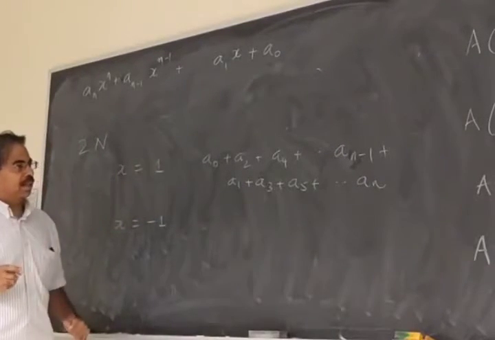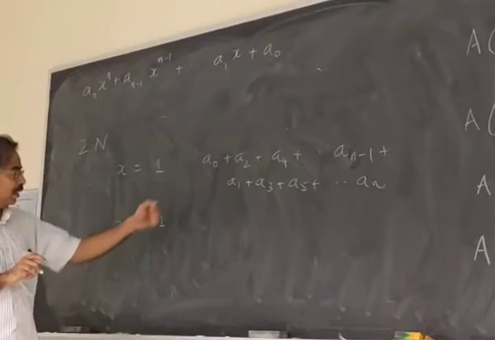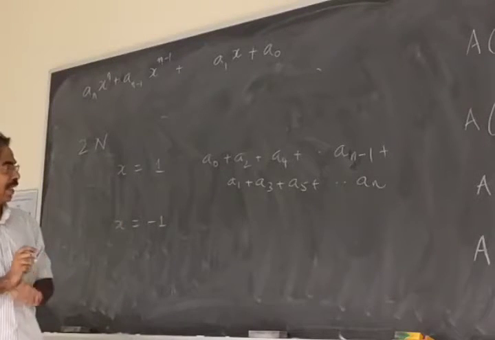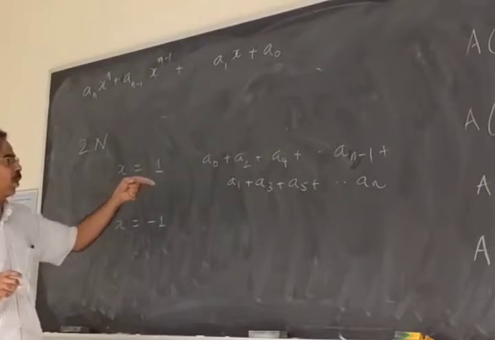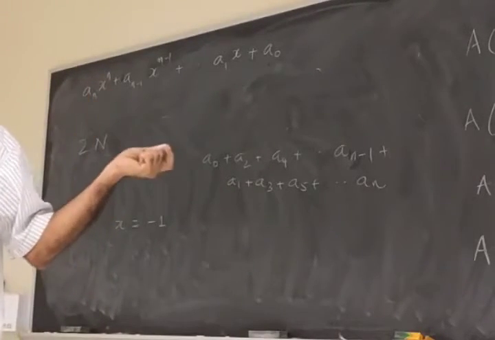I have divided it up into odd coefficients and even coefficients for reasons that will become obvious later. But clearly, when I substitute x equal to 1, all of the terms will just reduce to their coefficient.